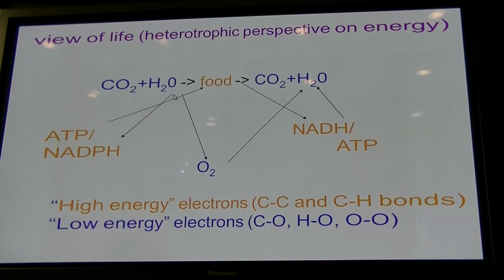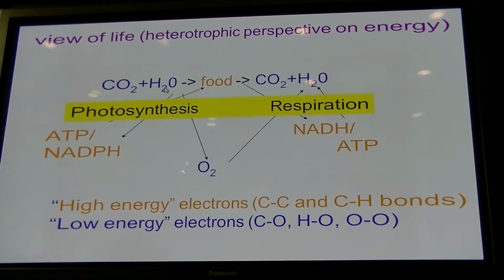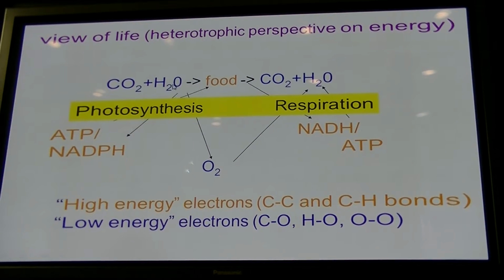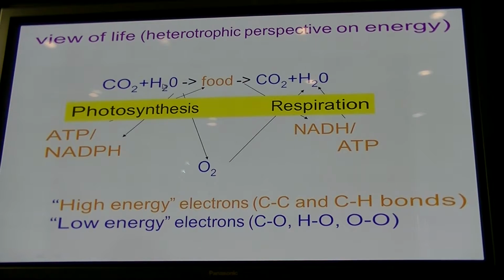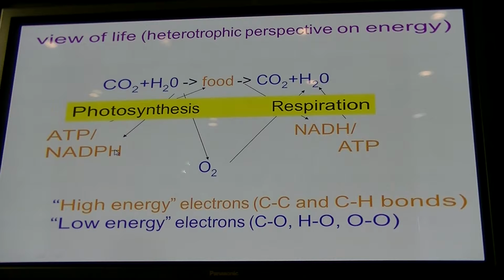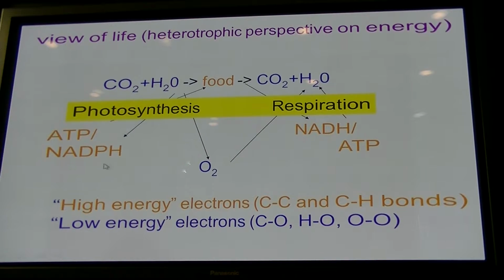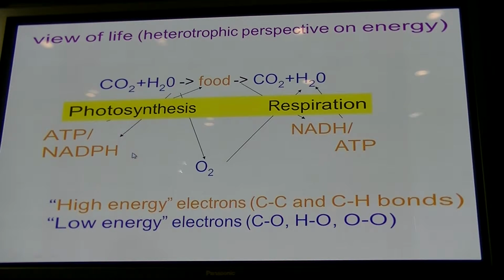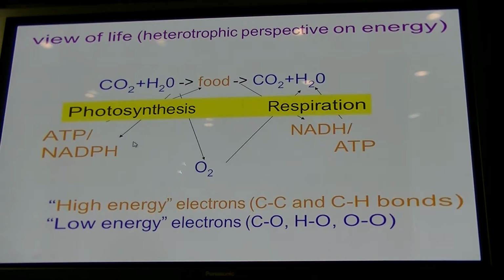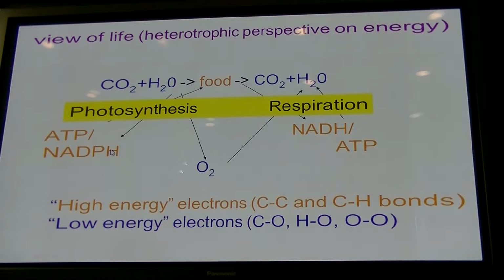So what is actually going on? The photosynthesizers, that's the plants, the algae, they split water, they take electrons from water, and they capture that energy in NADPH, and they also capture some energy in ATP. So the hydrogen from water is captured in NADPH.